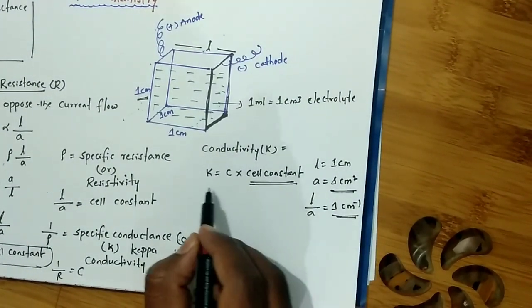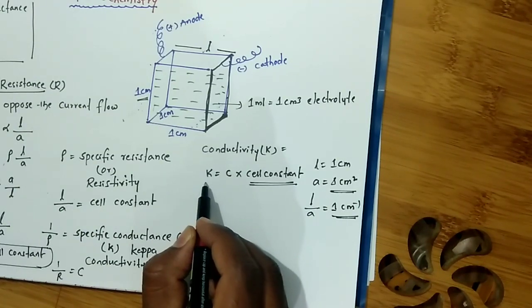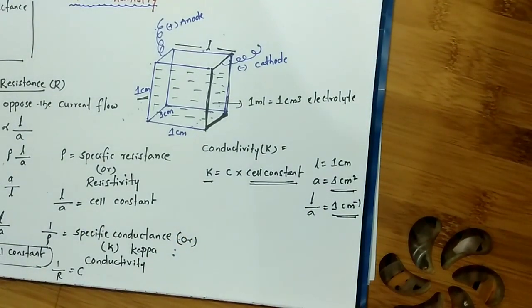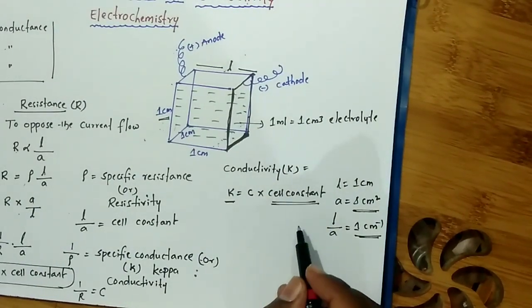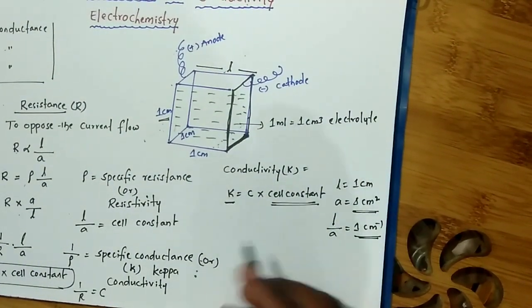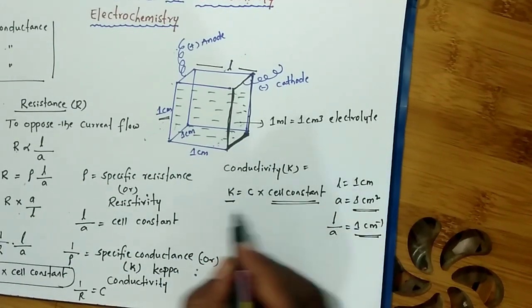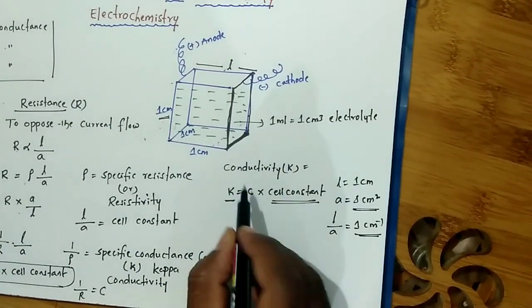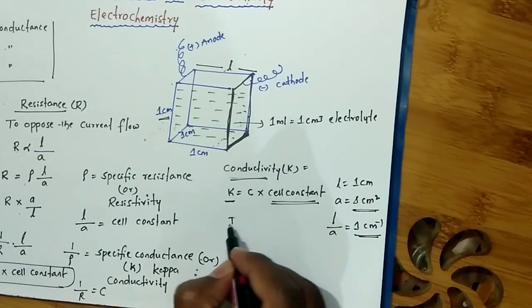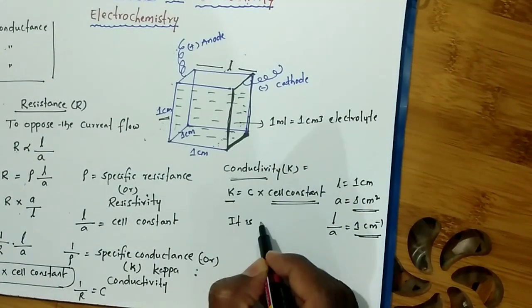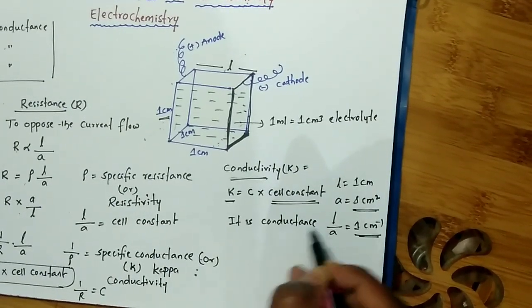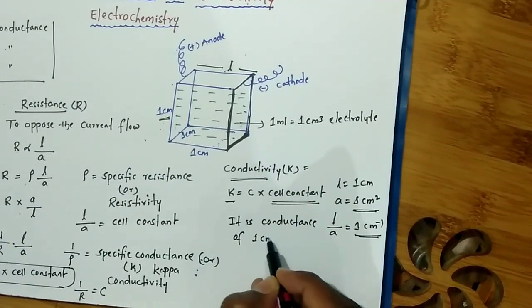So here we can define the specific conductance. It is the conductance of 1 centimeter cube of conductor or electrolyte. What is the definition of conductivity? It is the conductance of 1 centimeter cube.